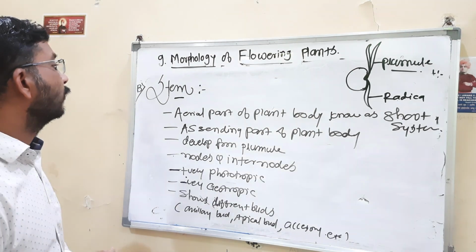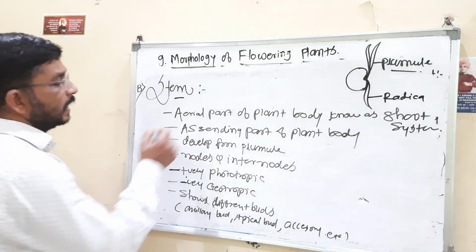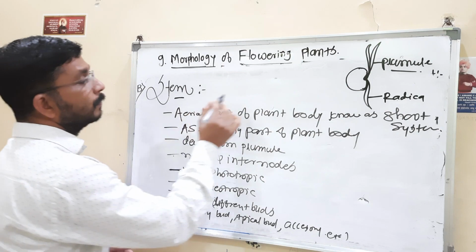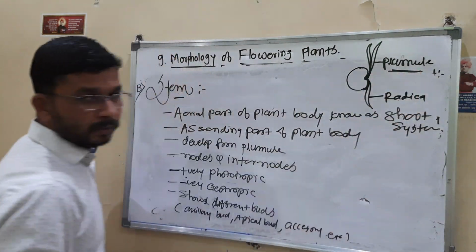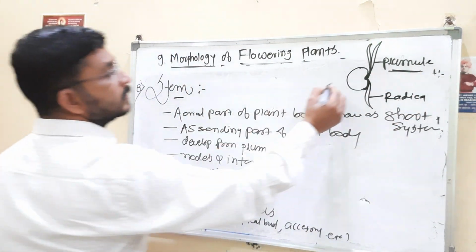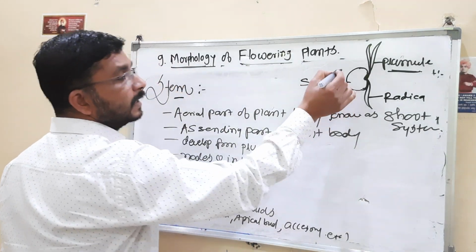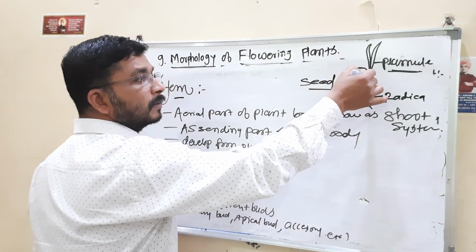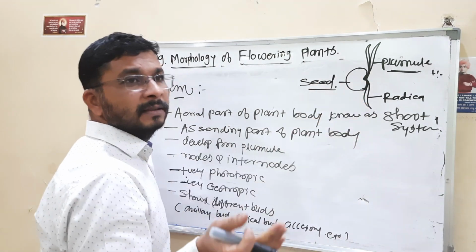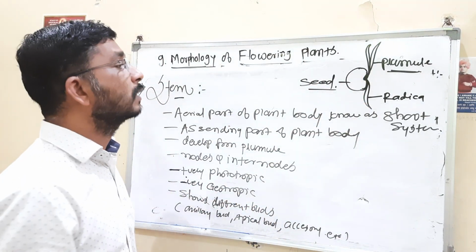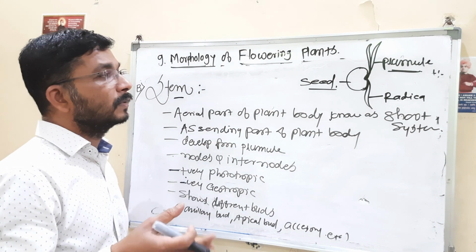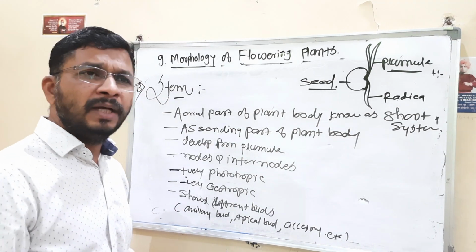And first, the stem is formed from the plumule. This is the seed, and when this seed gets a favorable condition, what is a favorable condition? A sufficient amount of water, soil, and nutrition.